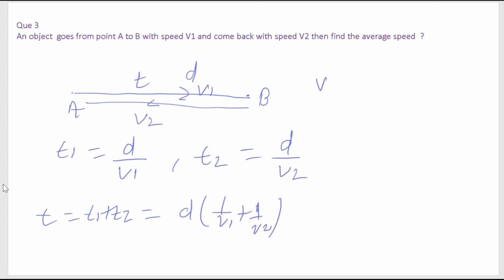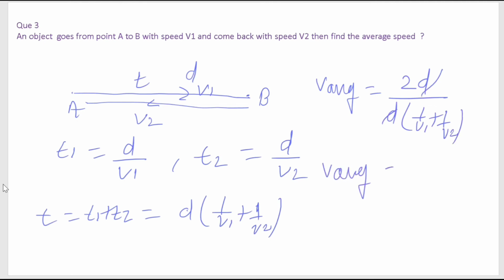Now to find the average speed: the total distance is d going and d coming back, so 2d. Dividing by d times (1 upon v1 plus 1 upon v2), d cancels out. After taking the common denominator and calculating, the average speed equals 2 v1 v2 upon (v1 plus v2).